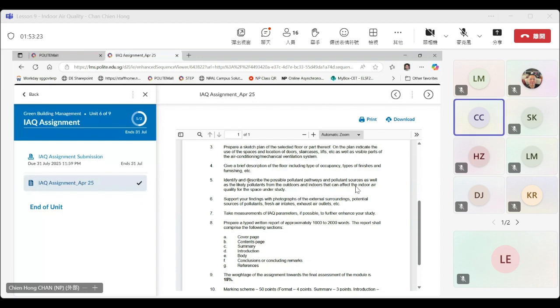And identify and describe the possible pollutant pathways. So you can list down some of the pollutants that you believe will come in. Carbon dioxide, that's the basic. But what are the sources of the carbon dioxide? Is there any source of carbon monoxide?